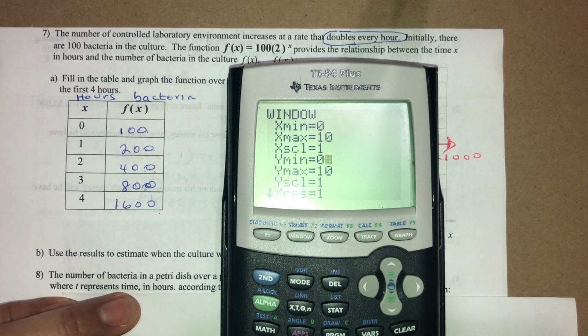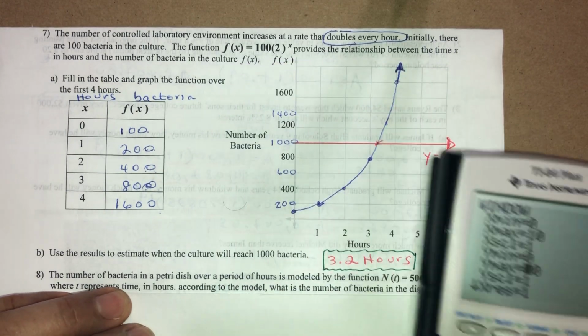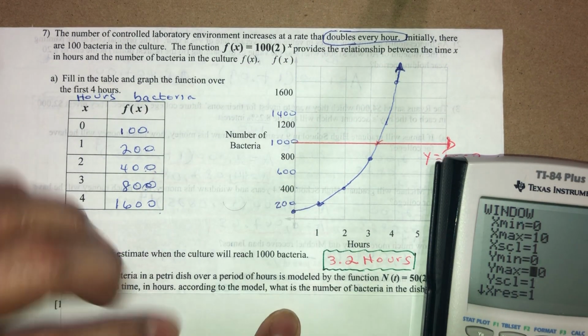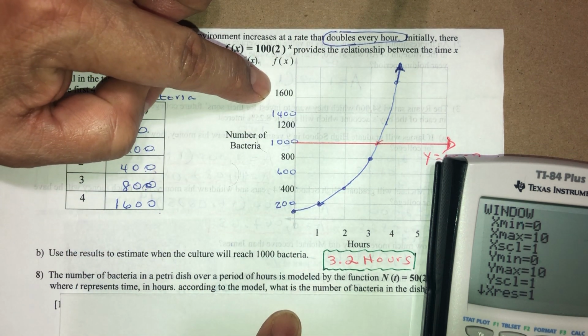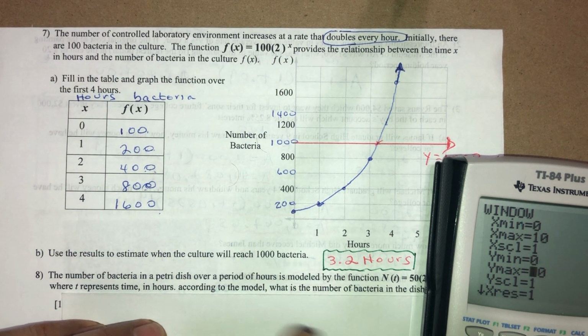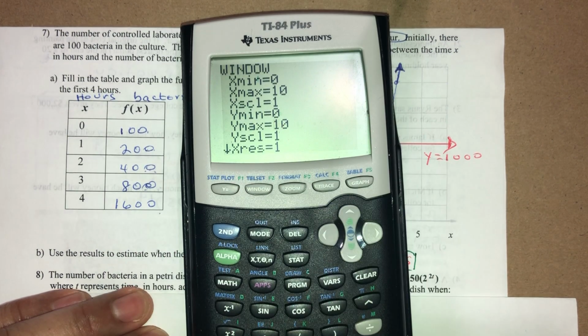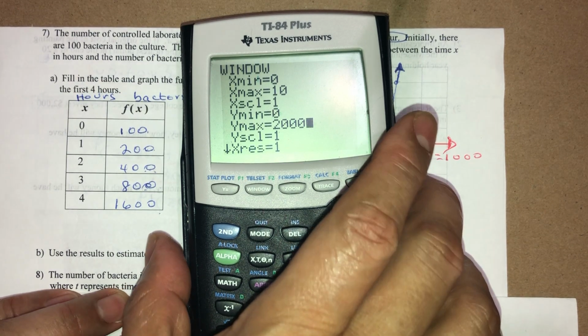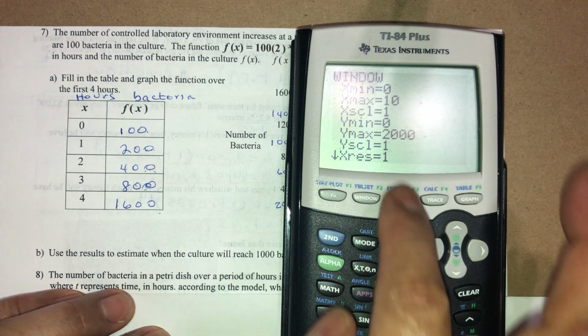On the Y, the minimum is also 0, but now what's the highest? If you notice, how high are we going here, based on your graph? 1,600, right? So you can actually make that window 2,000 if you want. So if I do my maximum 2,000 and I divide that by 10, which is to find the scale.